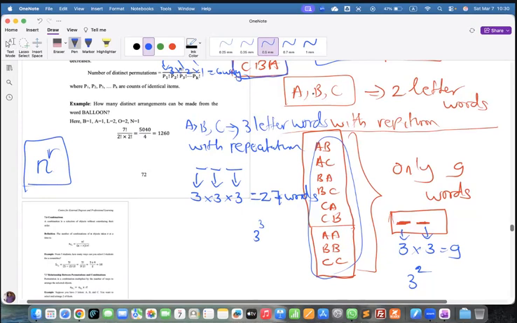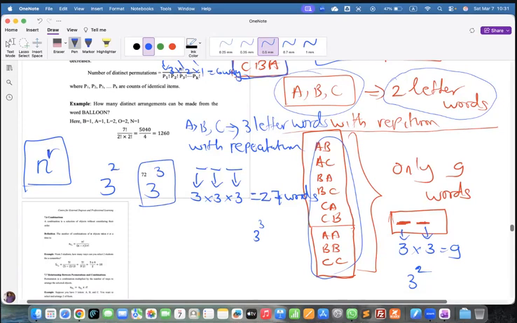Let's say here n is equal to 3. You have 3 letters. From these 3 letters, you utilize just 2 letters and make words with repetition, then 3 to the power 2. Similarly, if you have 3 letters, A, B, C, and utilize all 3 objects to make 3-letter words with repetition, 3 to the power 3 is the answer, right?